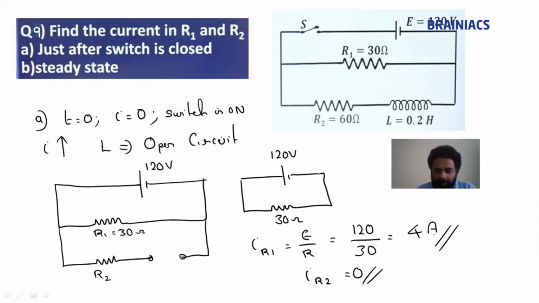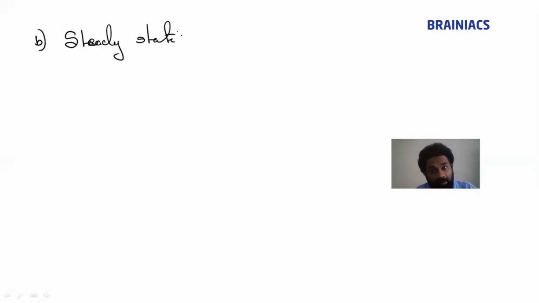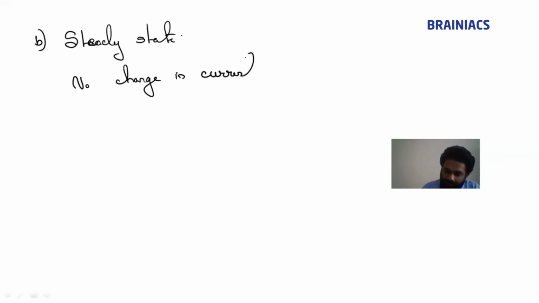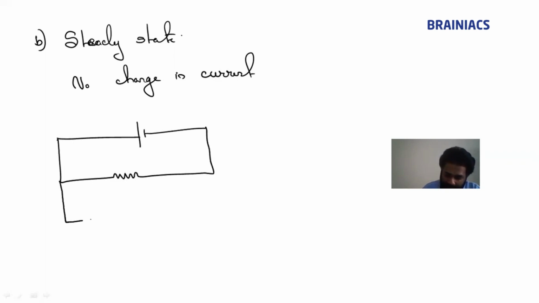Clear? Now, the second case, B, is steady state. Steady state means the current is settled in the circuit. There is no change in current, no di by dt. Once there is no change in the current, the inductor will act like a short circuit, like a simple wire.